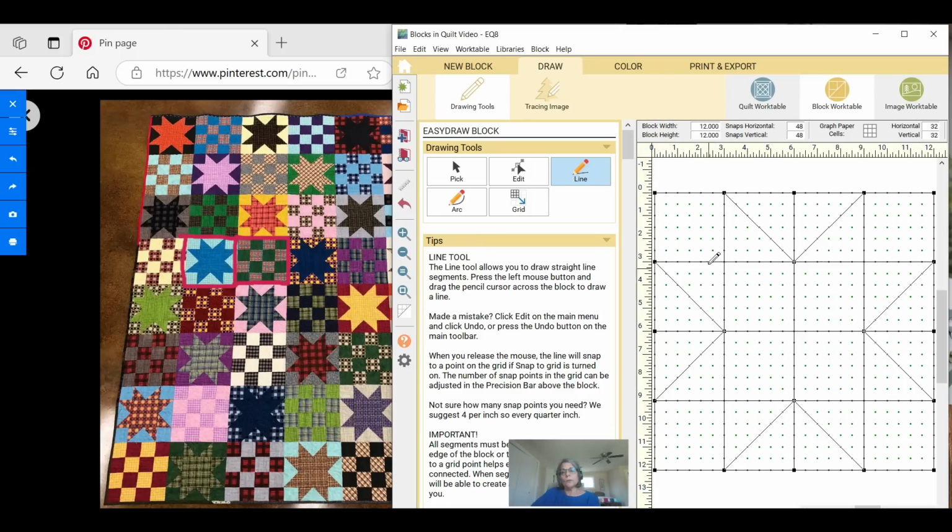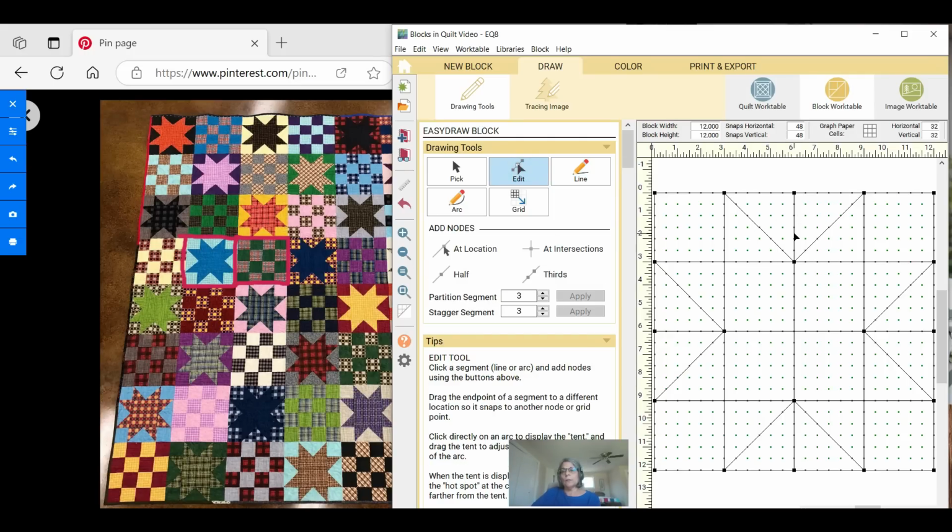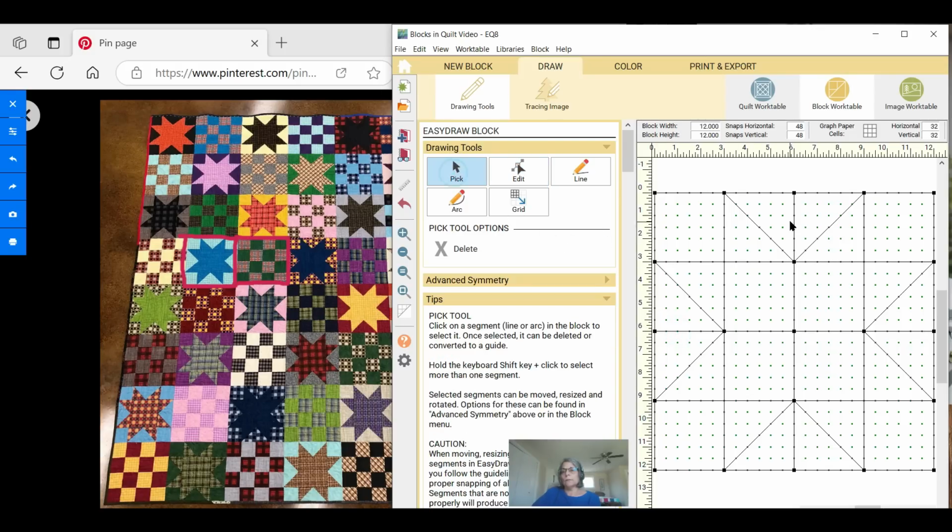Okay, so you see in the corners we have the small squares, just like the picture over here, and then we have our half square triangles, our flying geese units. So I'm going to get rid of some of these lines. If I get rid of this line, you see now we have a flying geese unit.